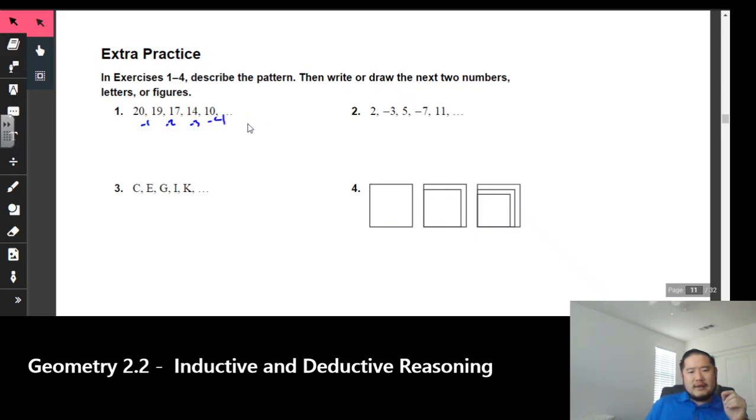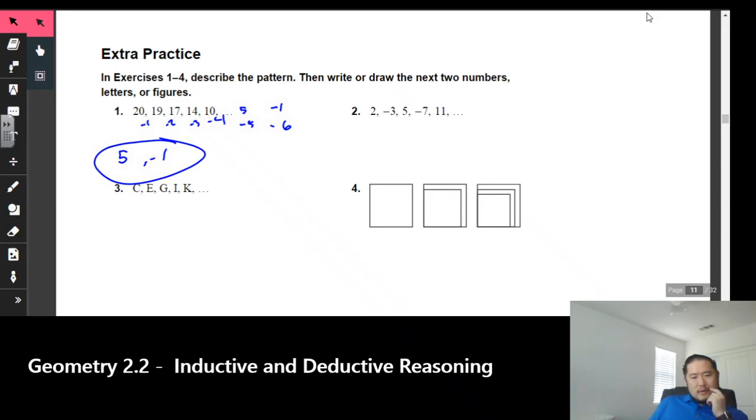So I think it's safe to say that the next term would be, we subtract 5 from 10, and that would be 5. Next up would be subtracting 6, then 5 minus 6 would get us -1. So these right here are the next two numbers.